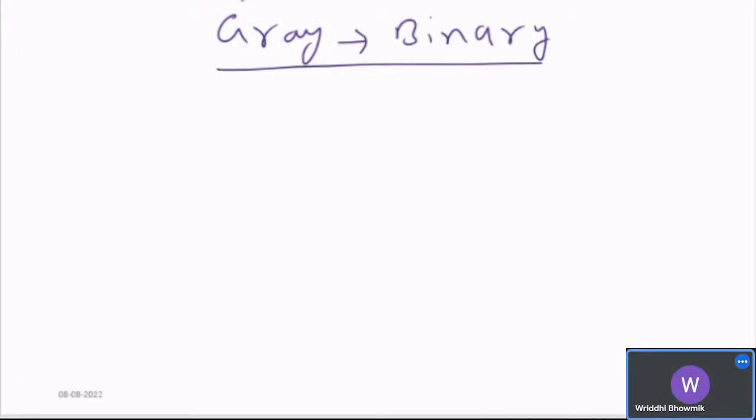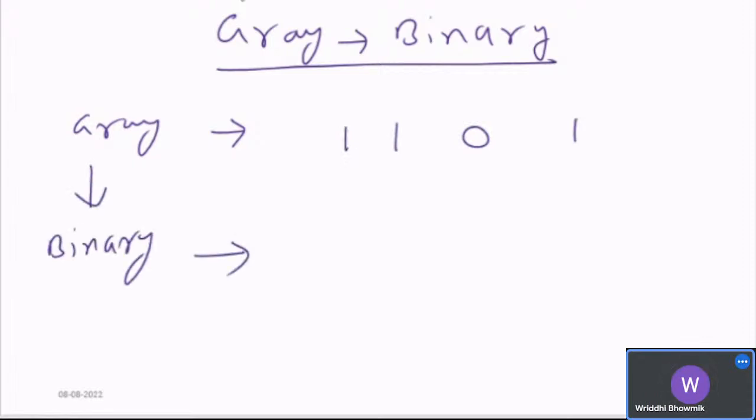And what about gray to binary? Suppose in gray you have 1, 1, 0, 1. How to convert it to binary? The same thing, the MSB will be as it is, which will be 1.